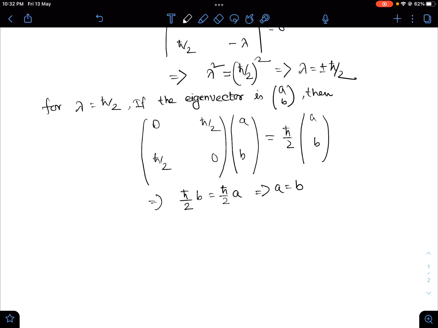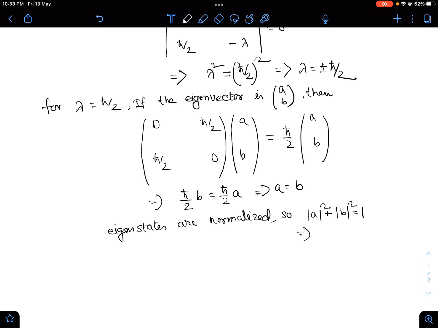So A and B can take any value, but since we know that eigenstates are normalized, we have to ensure that a square plus b square should be 1.